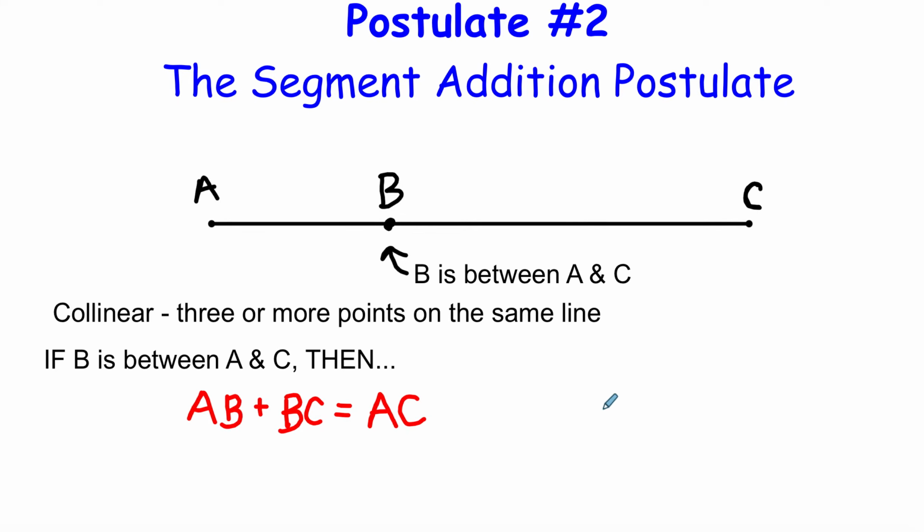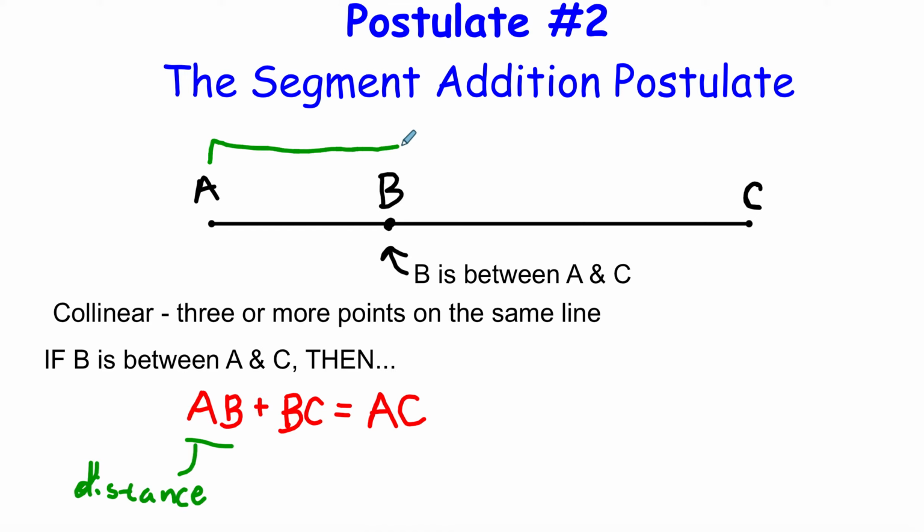Okay, remember when we write AB right here, what that means is the distance between A and B. And so the distance between A and B plus the distance between B and C equals the distance between A and C. If we were to draw this as a picture, look at it up here.